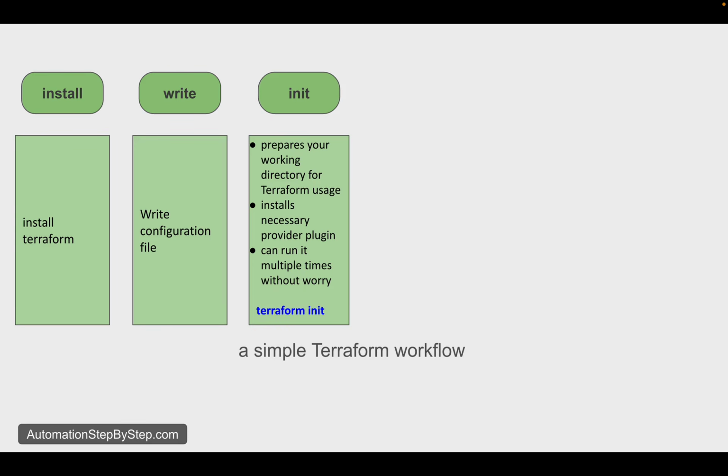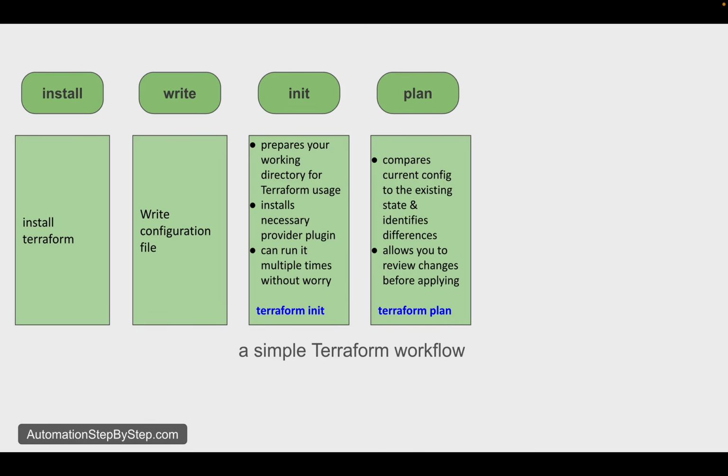It also reads our configuration file where we have provided the information about the provider we want to use, that is the infrastructure platform we want to use, and accordingly it will also download the necessary provider plugins. Then the next step will be to run terraform plan.